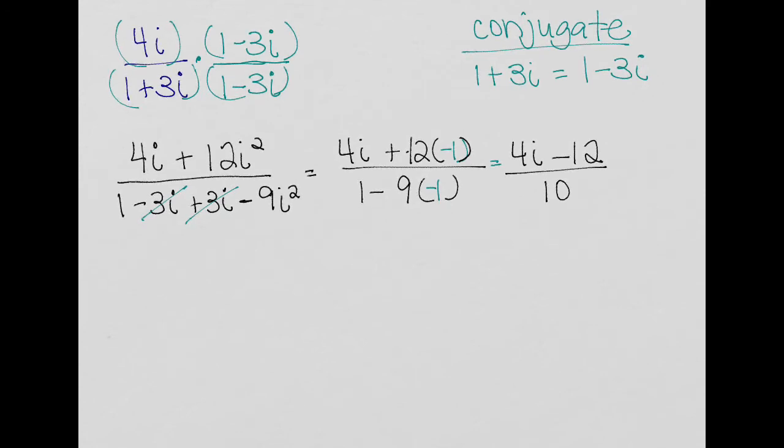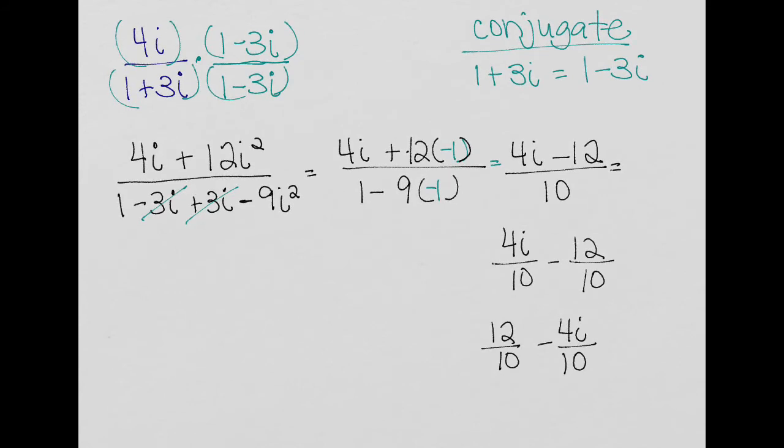So, two things. Hawks will want you to have this as two separate fractions. So I could write that as 4i over 10 minus 12 over 10. However, we still need to have the real part first. So I'm going to switch the order on that. So I've got 12 over 10 minus 4i over 10.